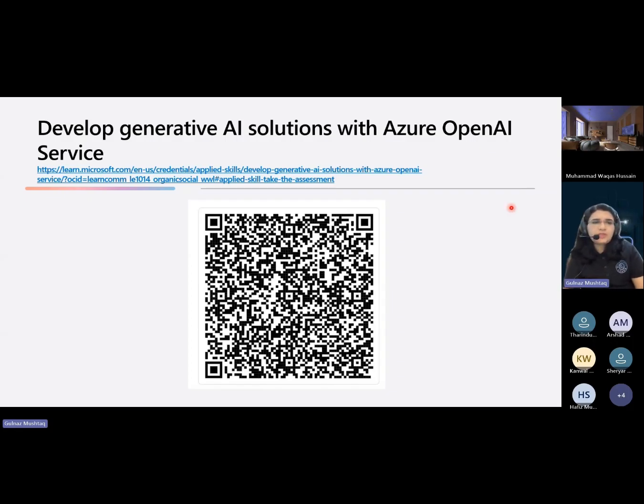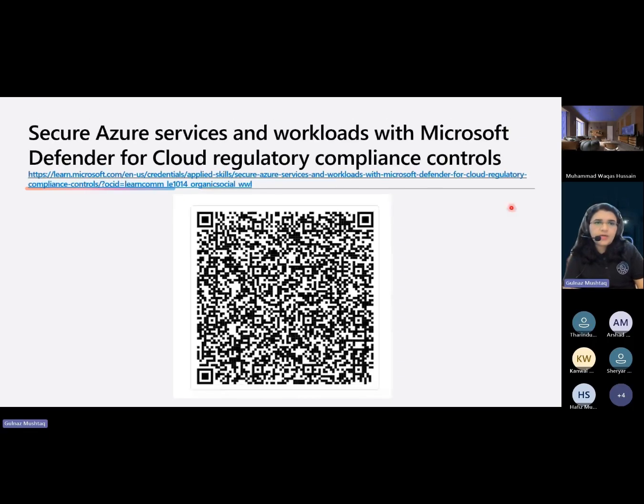Develop generative AI solution with Azure OpenAI services. And one more: Secure Azure services and workloads with Microsoft Defender for cloud regulatory compliance controls. Very important for people who are passionate about learning security. So you can scan this QR code.